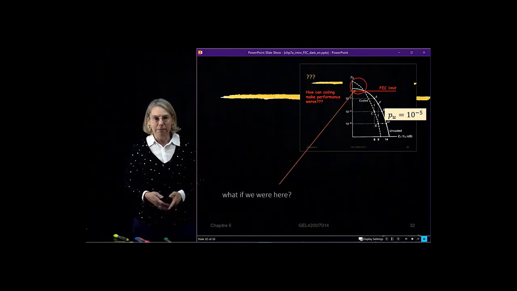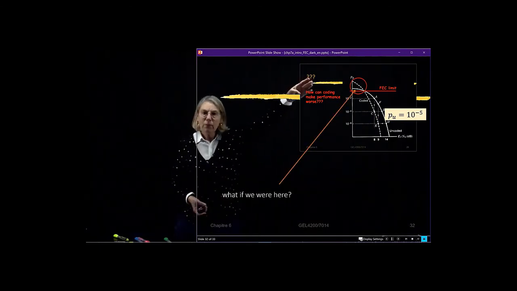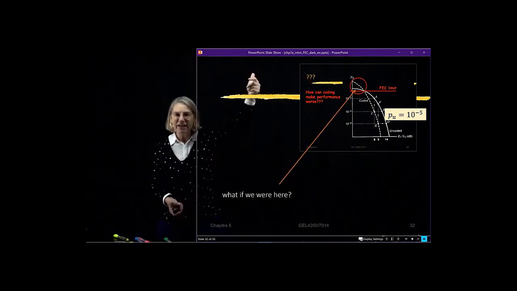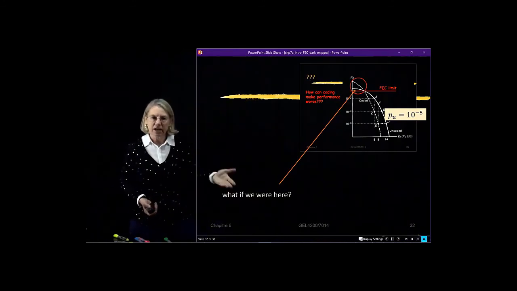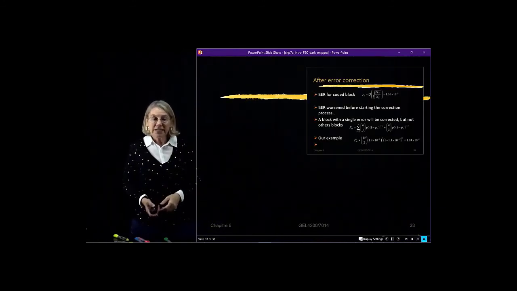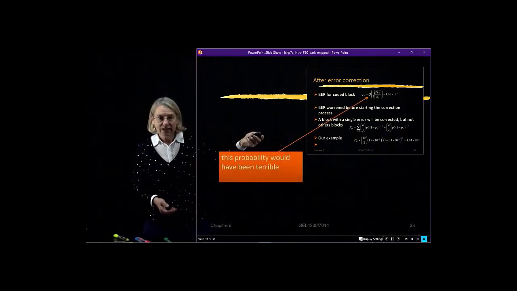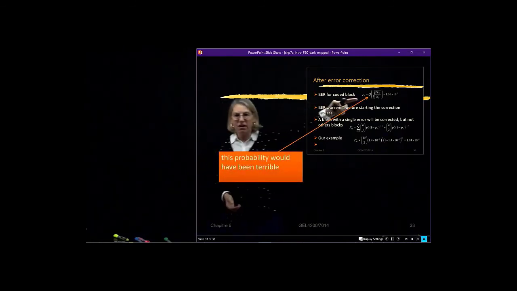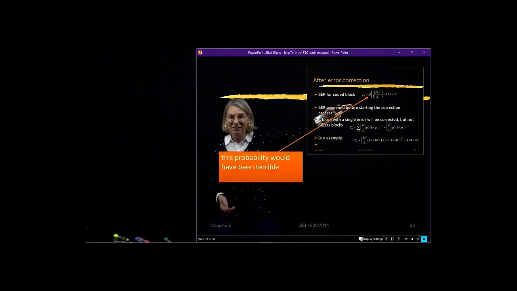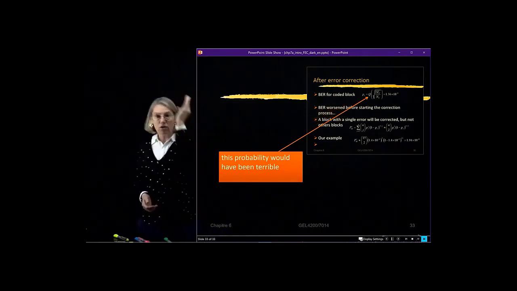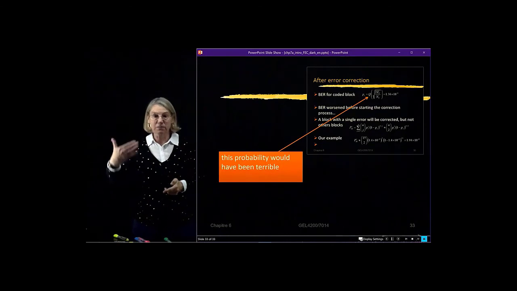Now, what would have happened up here? Why would it not work? Why would I have this crossover effect if I'd started up there? Well, the reason is that our beginning probability of error would have been really, really bad, because I would be starting over in that other region where there are a lot of errors to begin with.